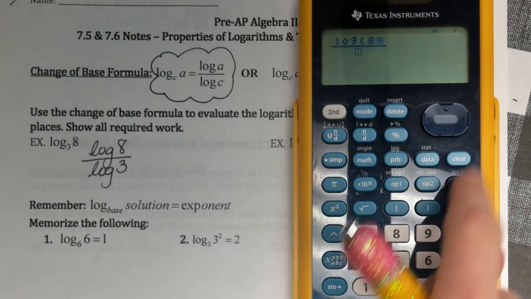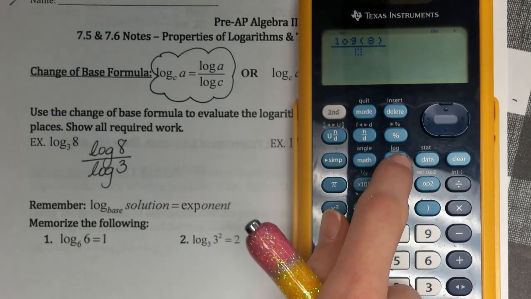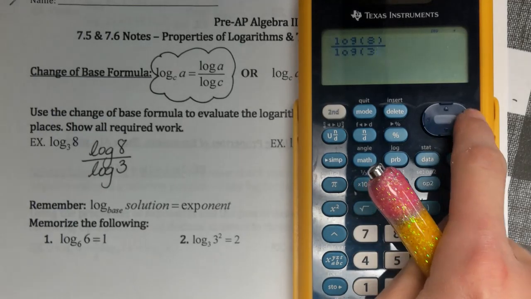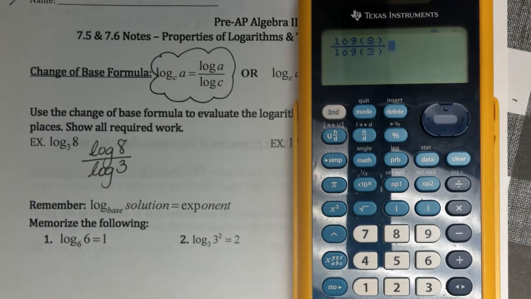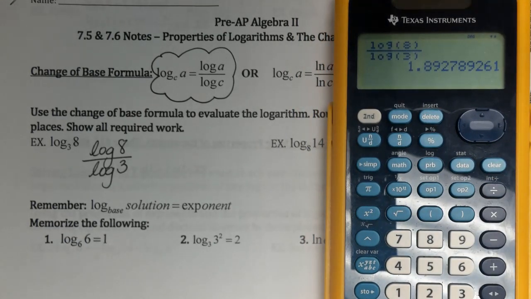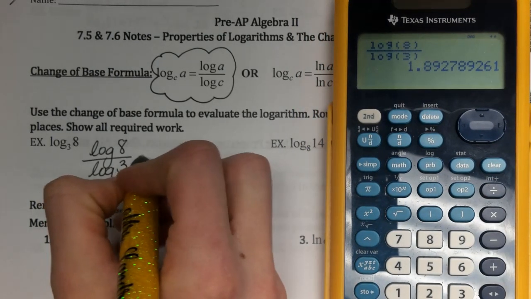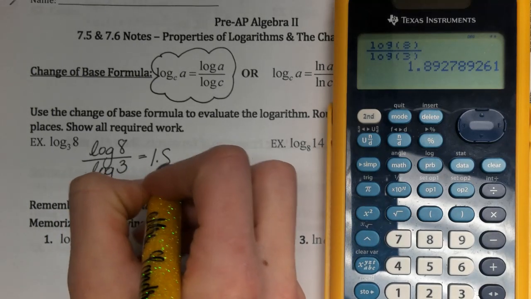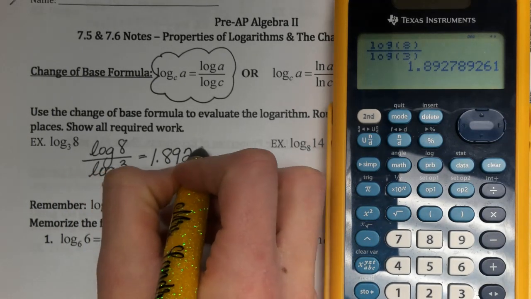You're doing log of 8 over log of 3. You should get the same decimal. So if I'm rounding to 4 decimal places, what's my answer? Very good.